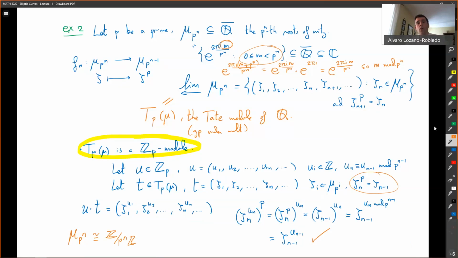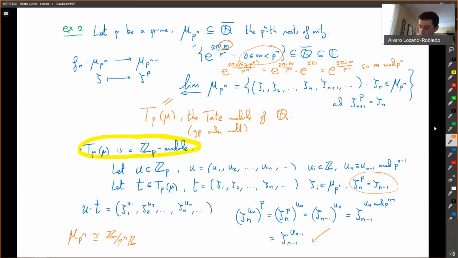That isomorphism comes from taking one root, and then if you raise it to powers, you go through all of the p to the nth roots of unity, and the powers that you get there are those powers m, and that is the corresponding Z mod p to the n Z number.